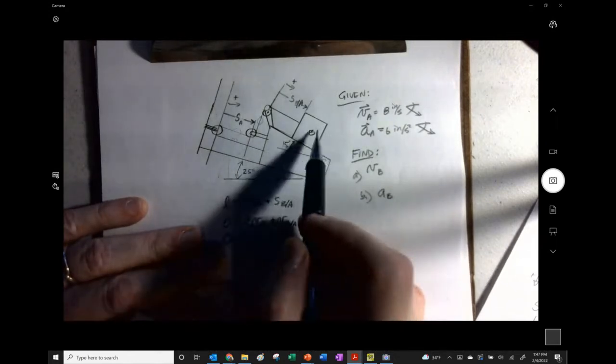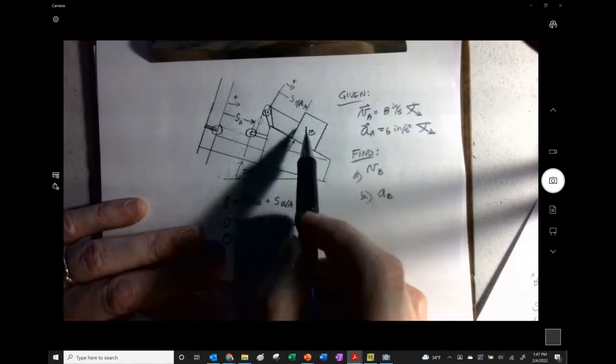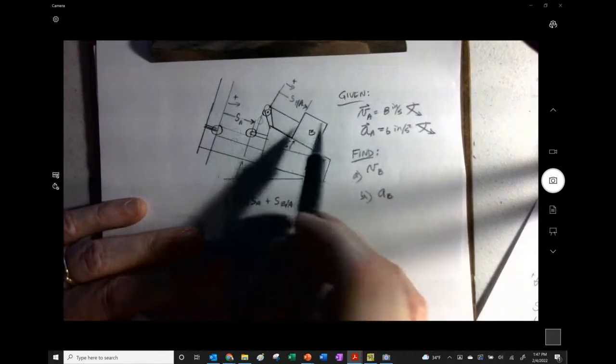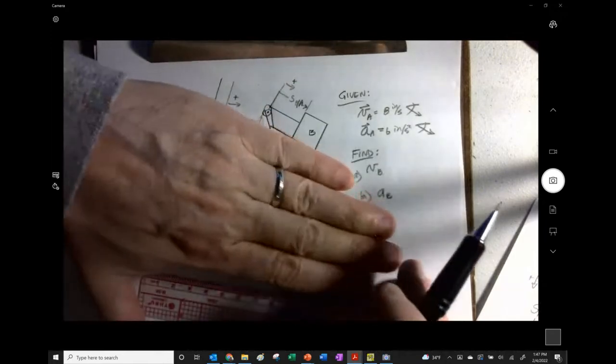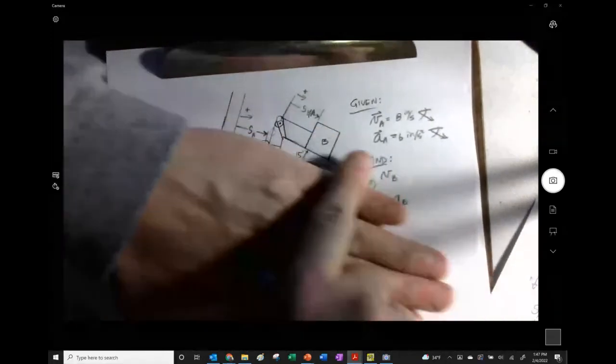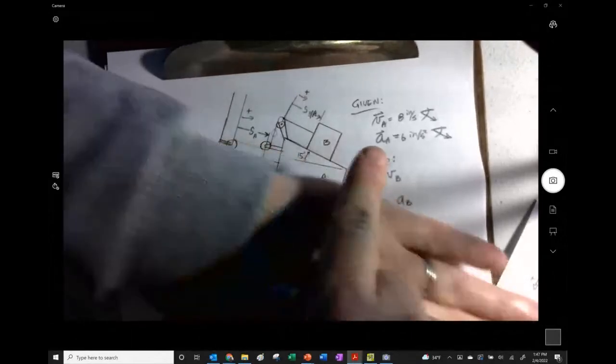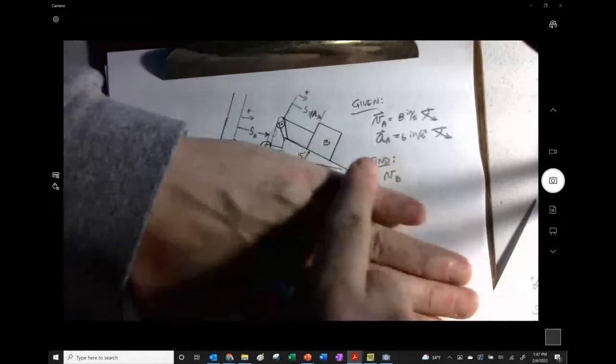Yeah, because we would want to know the absolute value of B, right? But B's absolute value of its motion, if A is moving, B is moving with it, right? But now they're going to move this way right here. A is going to be moving down and B is going to be moving up.